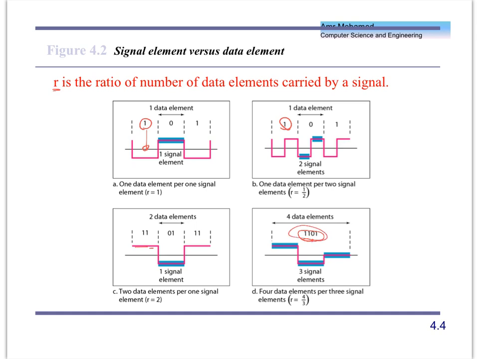We have 5 different bits represented by 3 signal elements. So here, how many different combinations of signal elements do I need at the minimum?